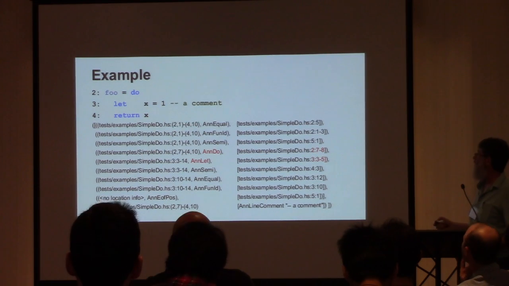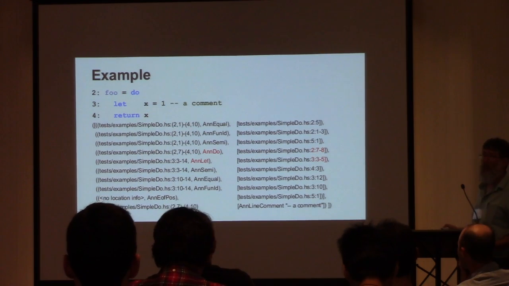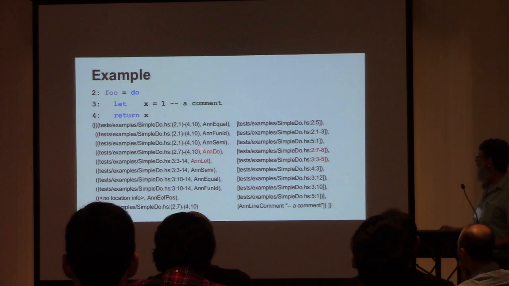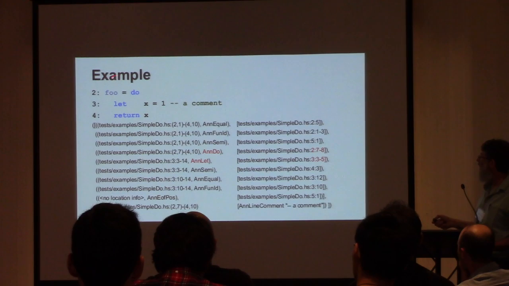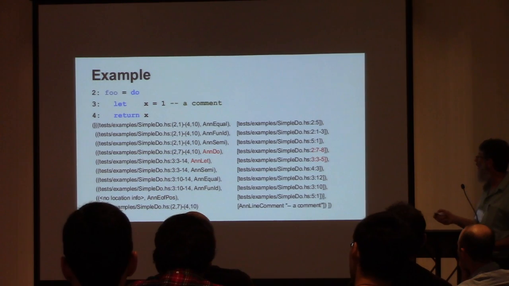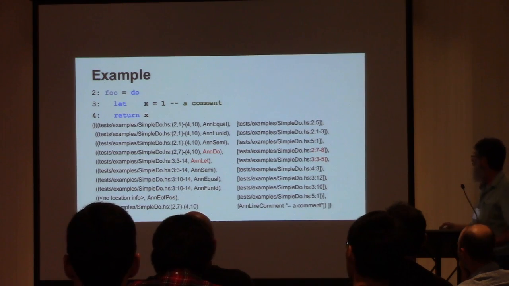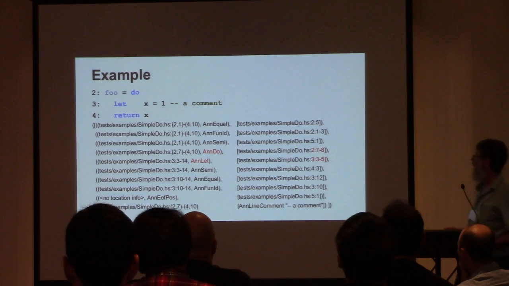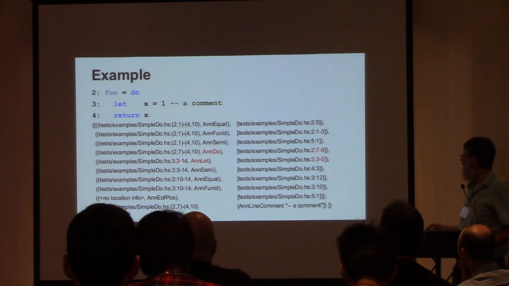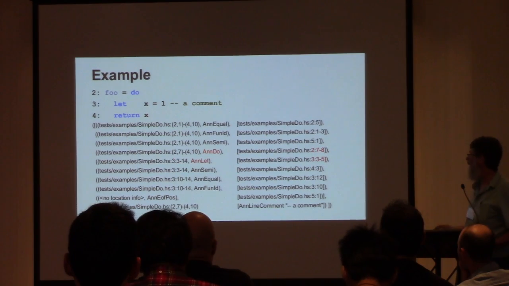So here's an example. If you parse this code, this is a dump of the actual annotations. Here the and do is tied to from 2.7, which is there, down to 4.10, and the location is line 2, column 7 and 8, and the let is an expression at that level, and it's tied to 3.3 there, and that's its location.